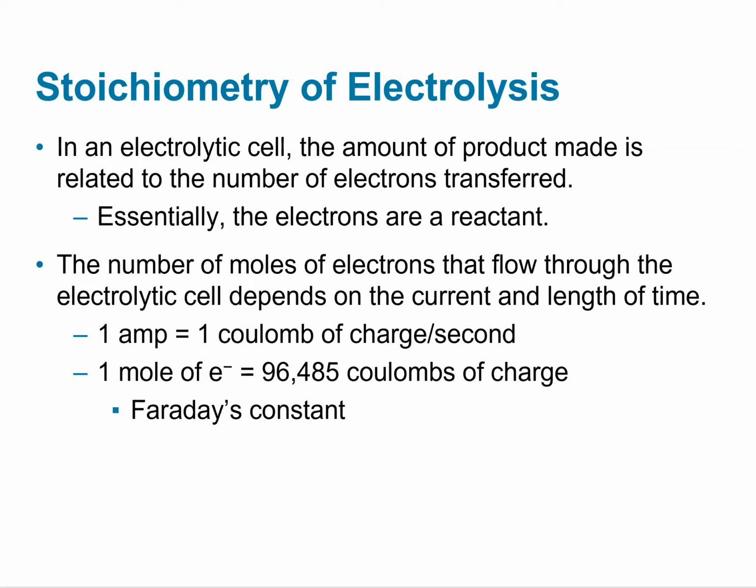And the number of moles of electrons that flow through electrolytic cells depends on the current and the length of time. So if we go back to the very beginning of all of these slides, remember that 1 ampere equals a coulomb of charge per second, and a mole of electrons is 96,485 coulombs of charge, which is Faraday's constant.